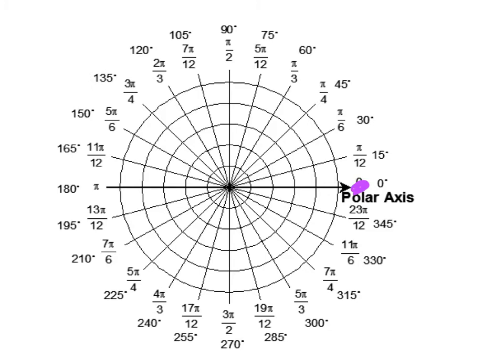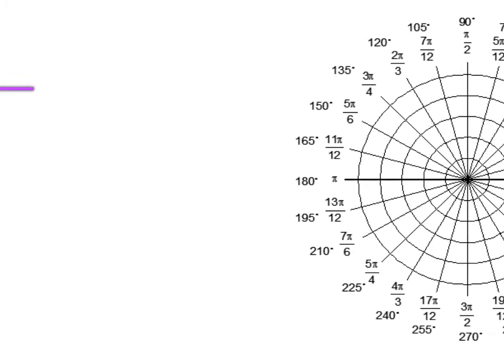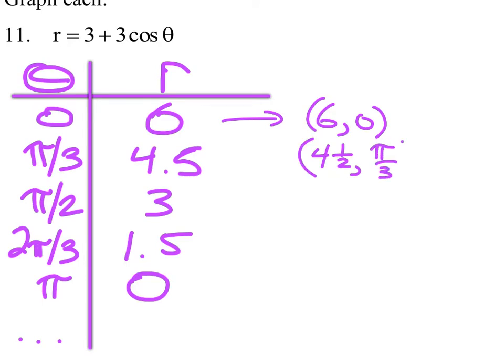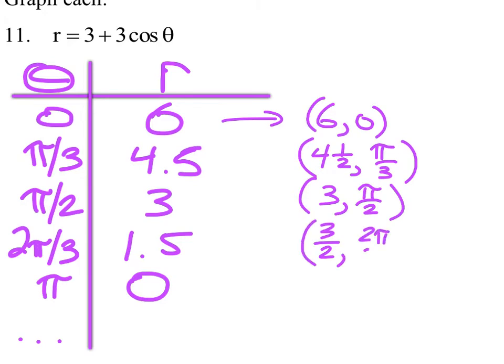The next one that I care about, because remember, these coordinates are written as 6, 0; 4.5, pi over 3; 3, pi over 2; 3 halves or 1.5 if you want, 2 pi over 3.